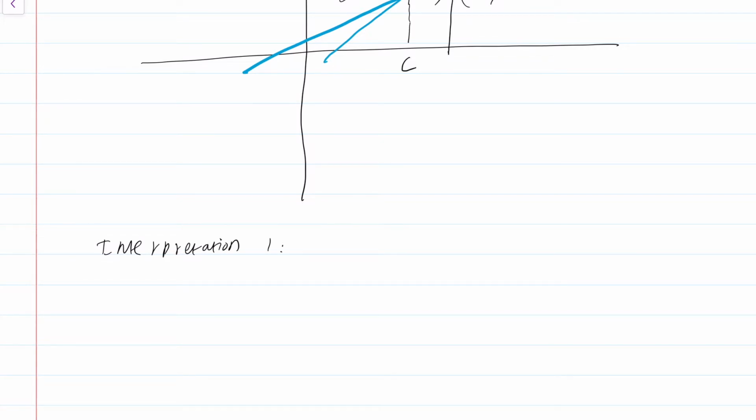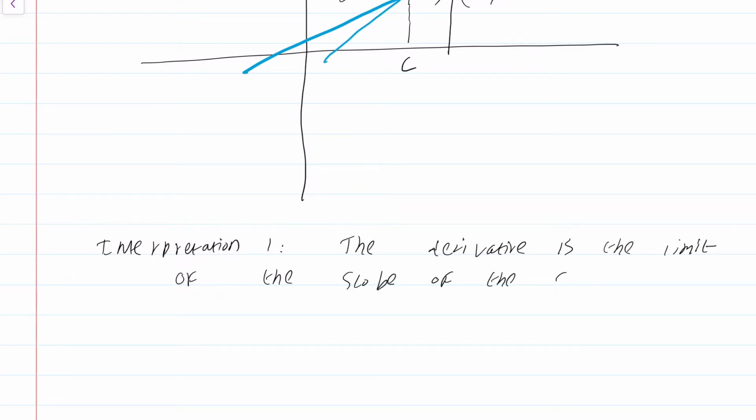The derivative is the limit of the slope of the secant lines joining x, f of x and c, f of c.